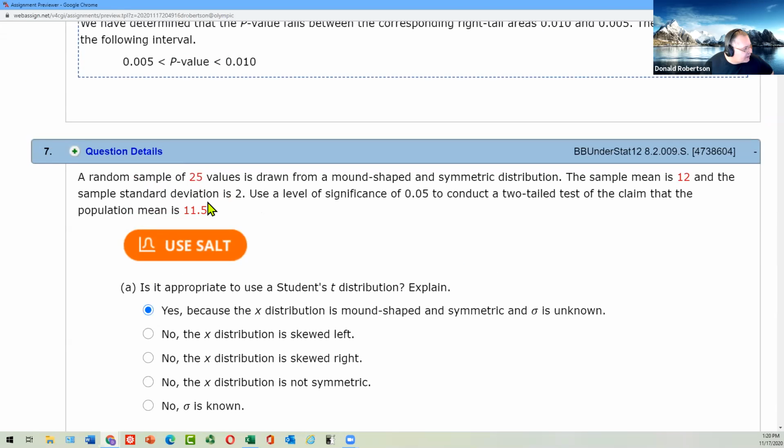Yeah. A random sample of 25 values had a mean of 12 and a standard deviation of 2, and use a level of significance of this guy to conduct a two-tailed test. The claim that the population mean is 11.5.